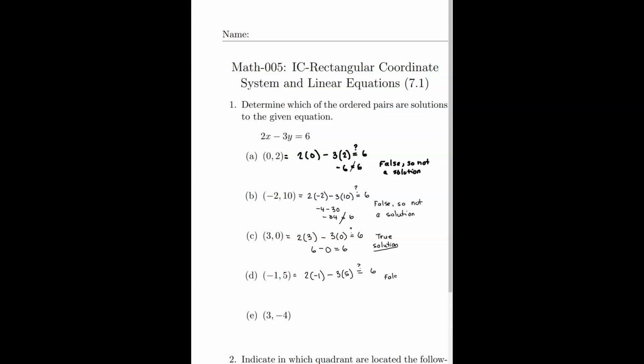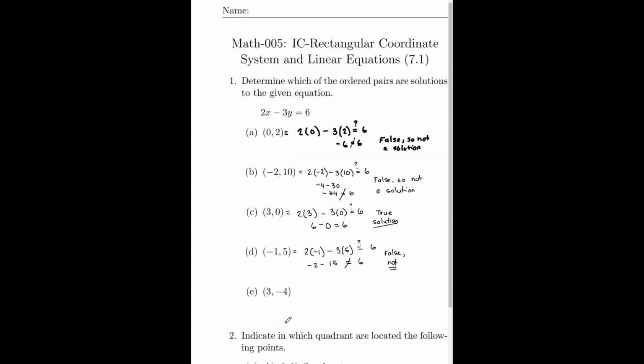There's nothing wrong with working it out just to double check ourselves, but be aware that sometimes you can see the bigger picture, and when you can see the bigger picture and feel comfortable with it, then there's a really good chance that you are able to just jump to the next step. And so negative 17 is not equal to 6, so it's a false statement, not a solution. I'm just going to write not.